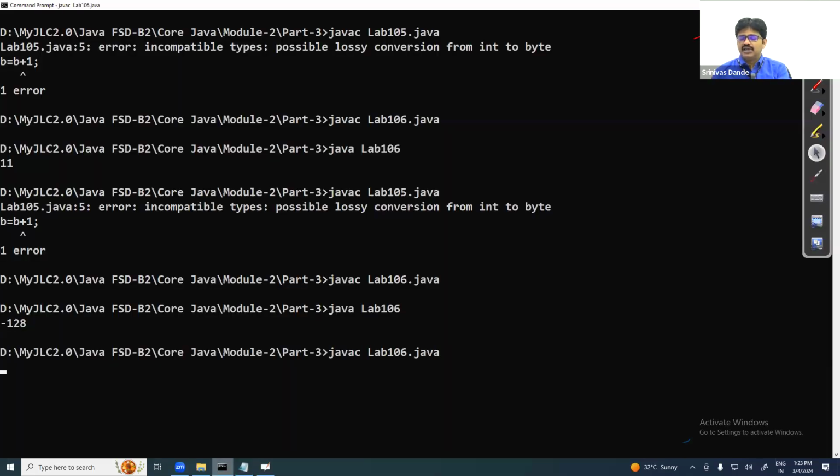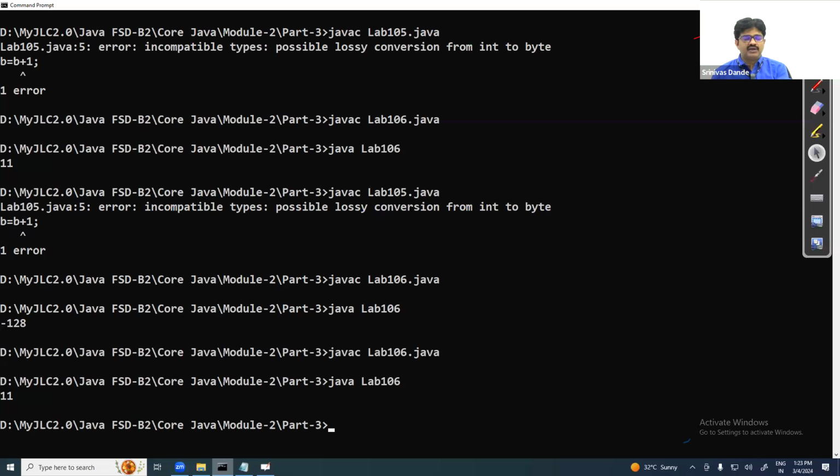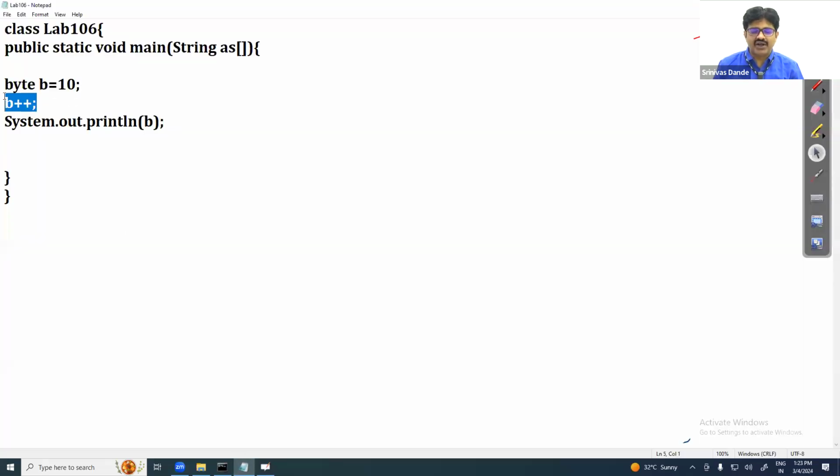This is another case where implicit casting is happening in the case of narrowing. Is this a narrowing case or not? Yes, because the result should be integer to byte, higher to lower, narrowing, but implicit casting is happening. This is the second special case.